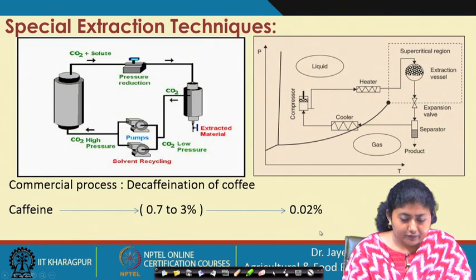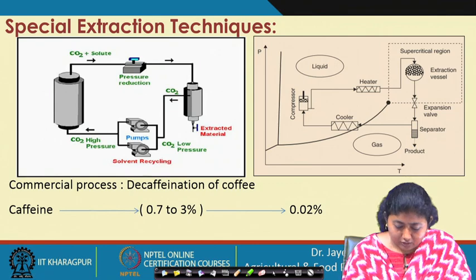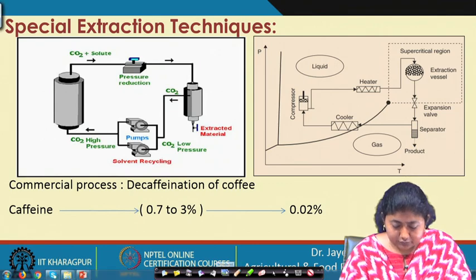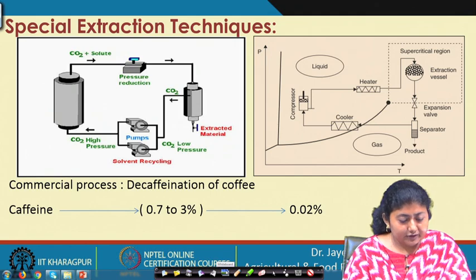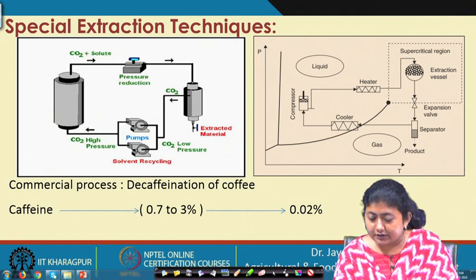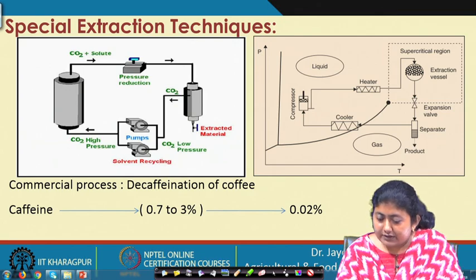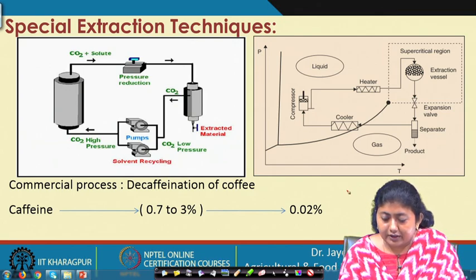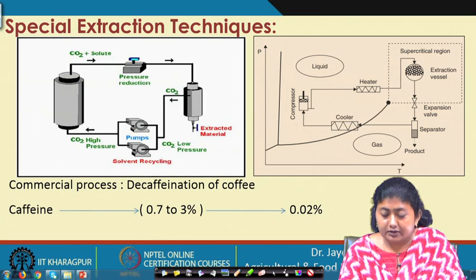Now, we will have a quick look at how the operation of supercritical fluid extraction takes place. There are some parts that we need for supercritical fluid extraction. Let us see the phase diagram of supercritical carbon dioxide.